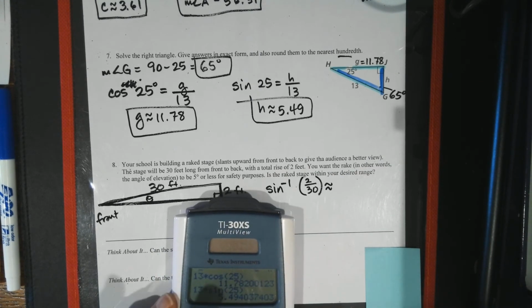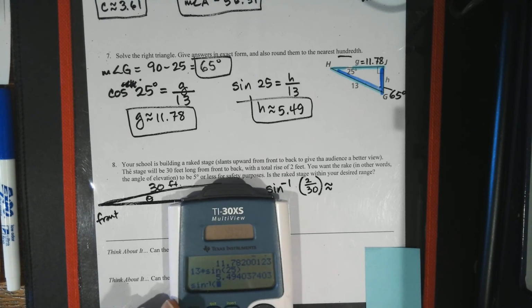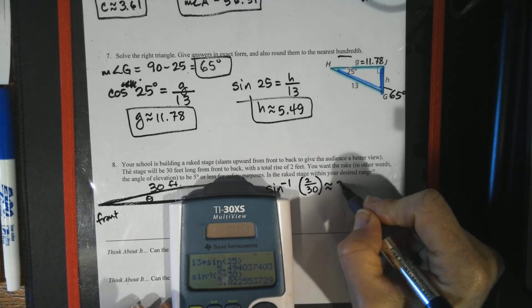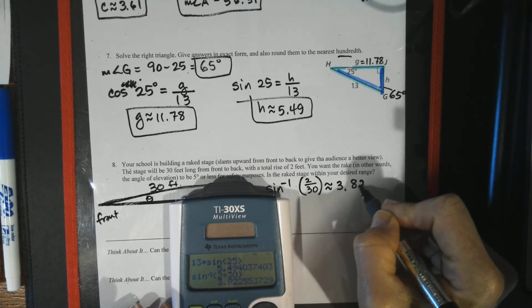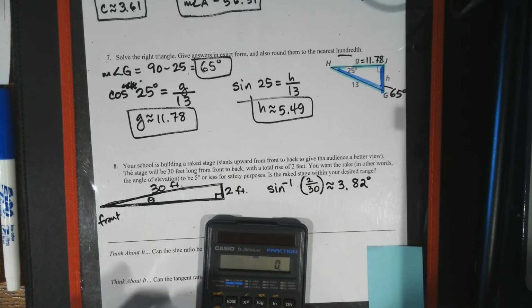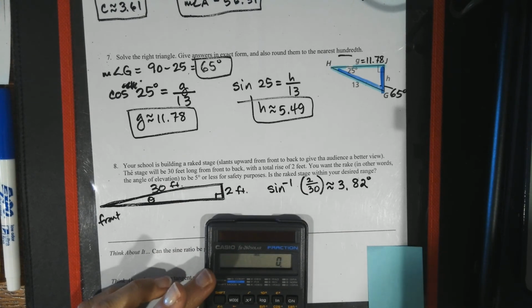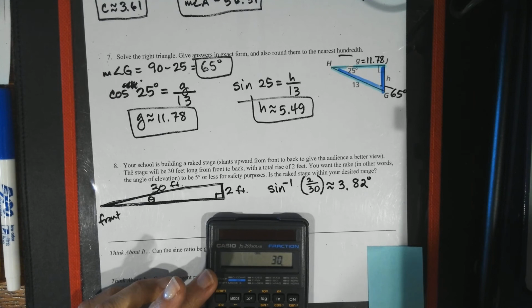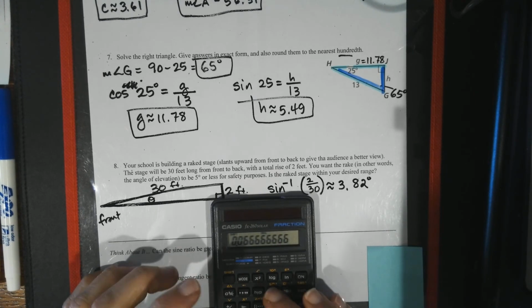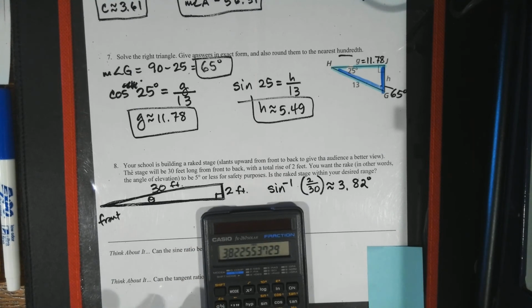So inverse sine, 2 divided by 30 equals 3.82 degrees. I'm just going to do it on this one to make sure. I do 2 divided by 30 equals, I get that first, and then I press the shift sign, and I get the same thing.